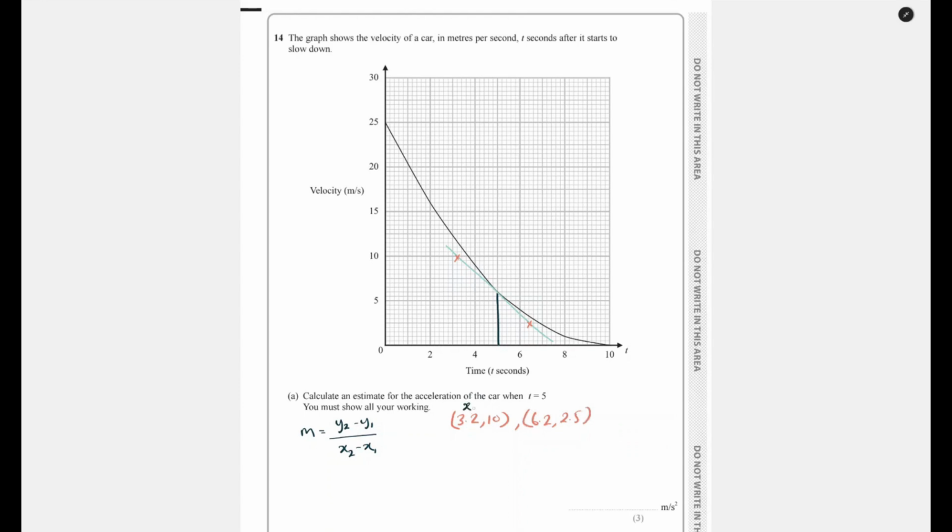We'll call this x1, y1, and x2 and y2. So if I plug it into my equation, I get 2.5 minus 10 over 6.2 minus 3.2. That gives me minus 7.5 on the top and 3 at the bottom. And if I plug that into my calculator, I'll get minus 2.5. So my acceleration is minus 2.5 meters per second squared.